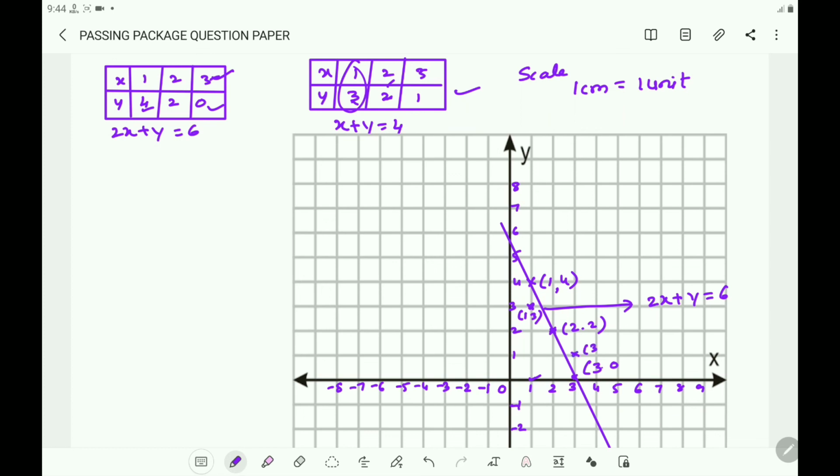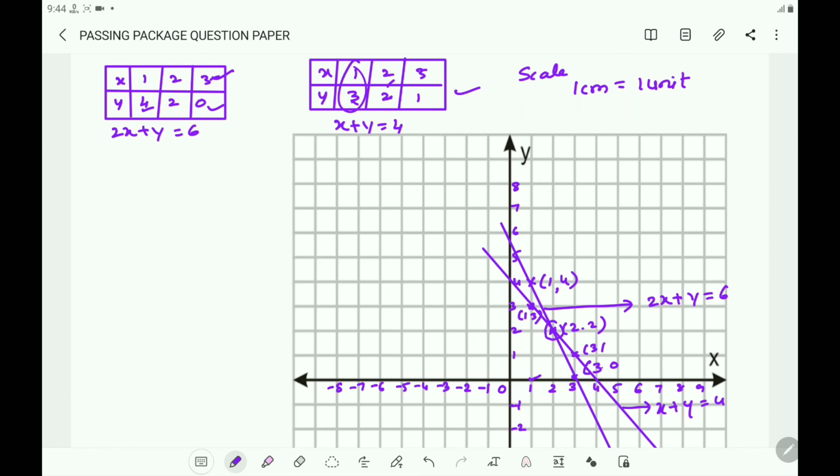So this is 3, 1. So the 3 points are these 3. You join them to get a straight line. And here you can observe this is the graph of x plus y equals 4.